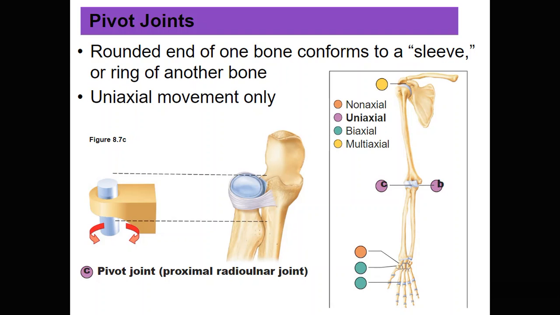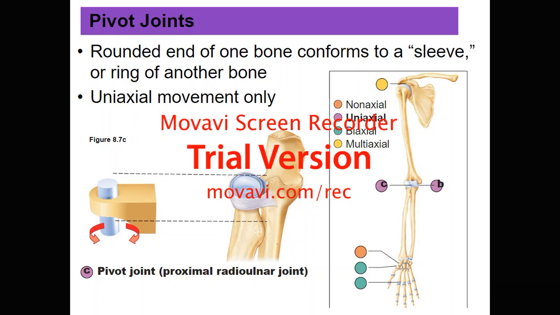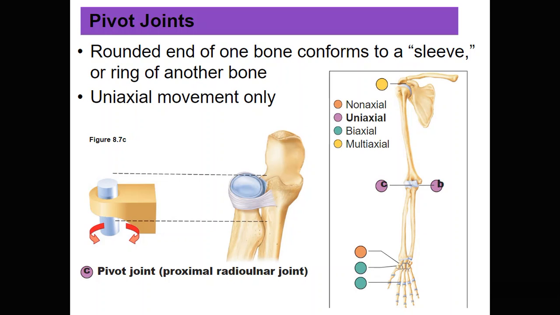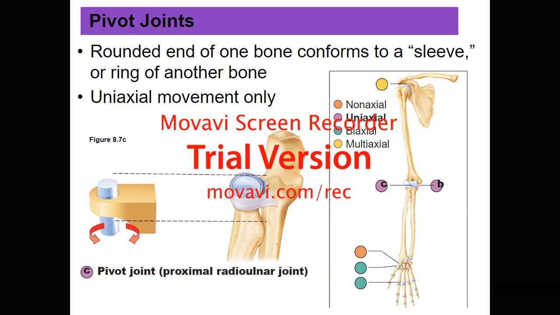Your pivot foot is the foot that stays on the floor, and you can lift up your other foot and move it, but you can't move your pivot foot. And so essentially when you go from your palms up to your palms down, your radius is rotating over the ulna. So your ulna will be the pivot in that situation. All right, and again, that's uniaxial movement.